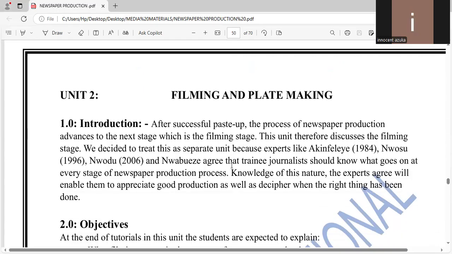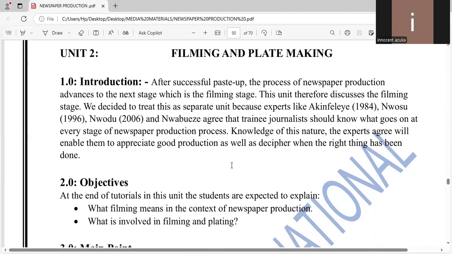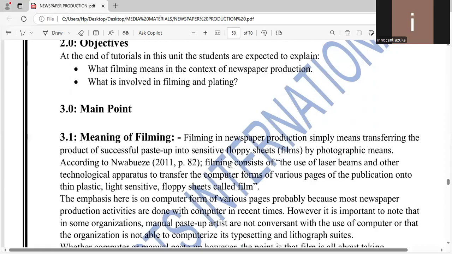After a successful paste up, the process of newspaper production advances to the next stage, which is the filming stage. Filming in newspaper simply means transforming products of successful paste up into sensitive floppy sheets of film by photography units.